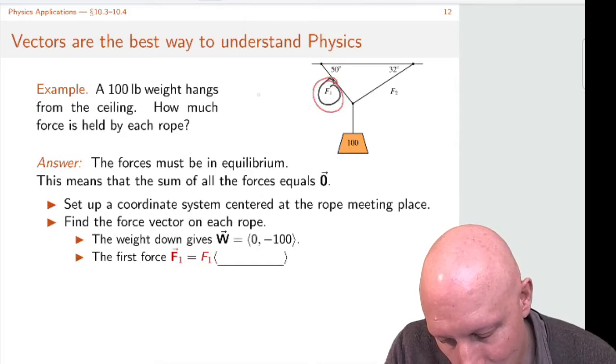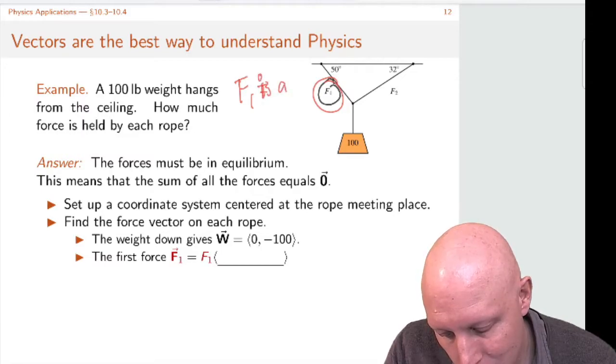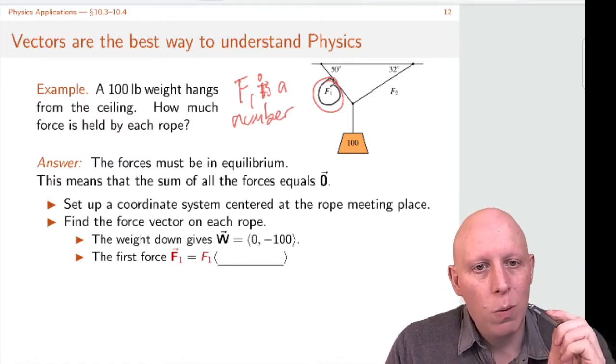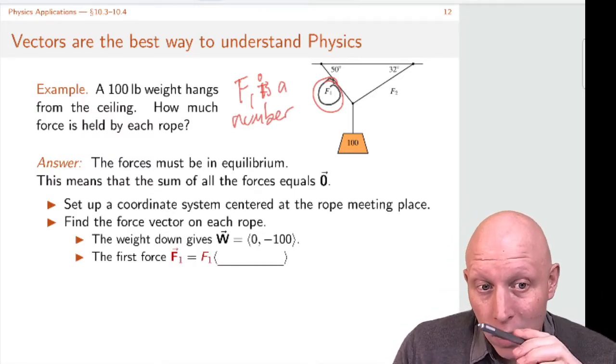Okay, so F1 is a number. So it's the magnitude of the force. But what we need to do is write that as a vector.